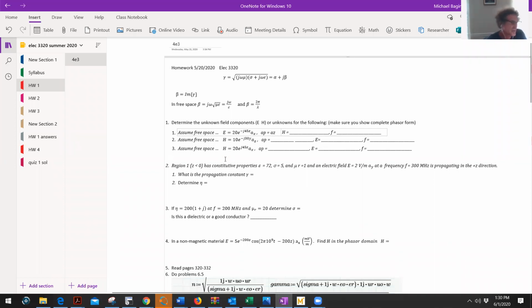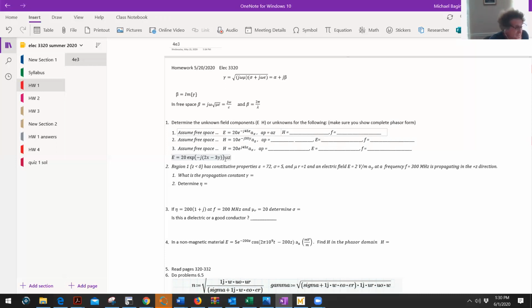Right. I'll give you one more just to ask you this. If you had something like this, E is equal to, say, 20 times EXP to the minus J quantity 2X minus 3Y, and make it in the AZ direction.